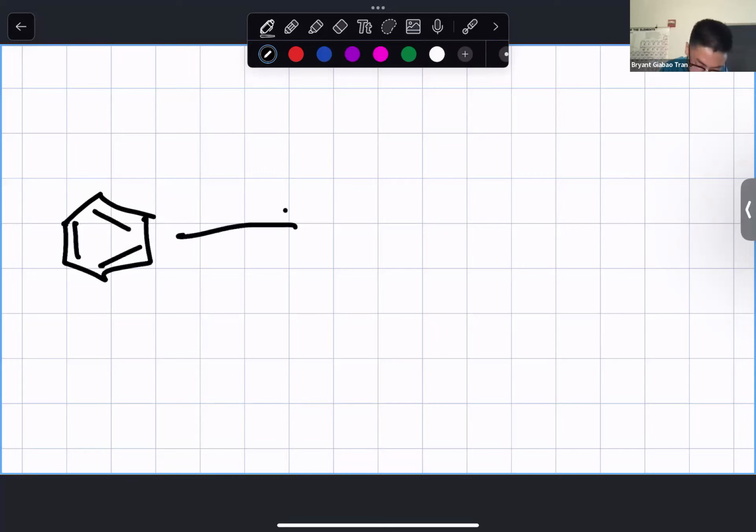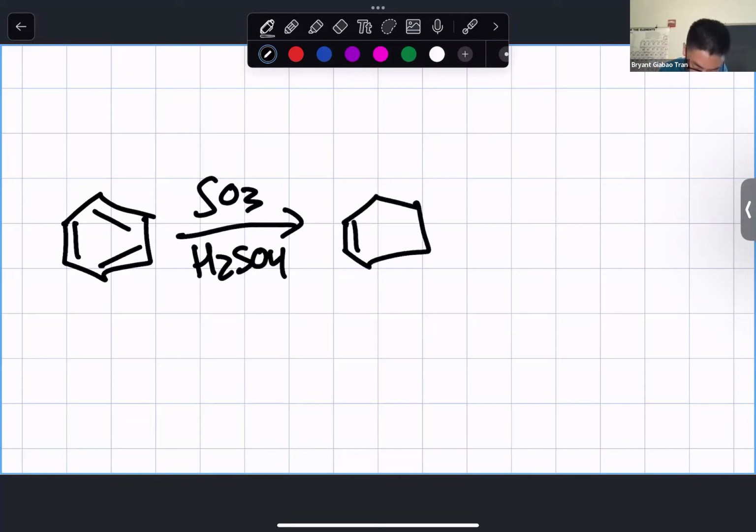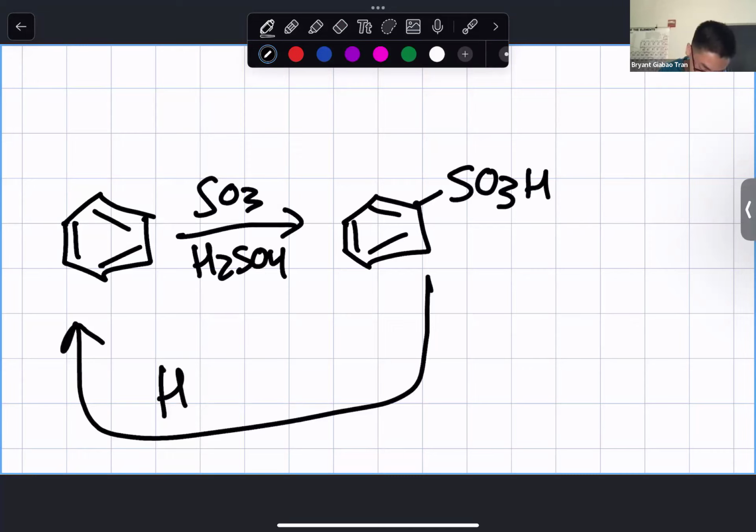When we sulfonate, let's say, a benzene ring and put SO3H there, we could go backwards. Right? We could get rid of that SO3H group. And to go backwards, we need a strong acid like H2SO4 and heat, acid and heat.